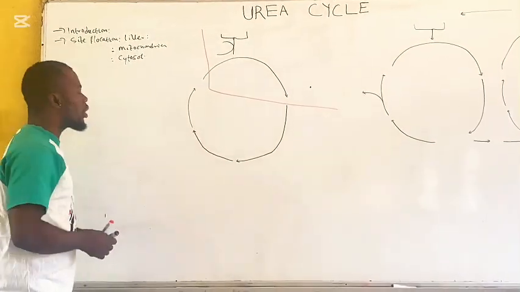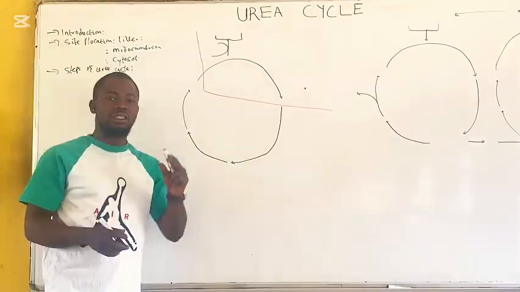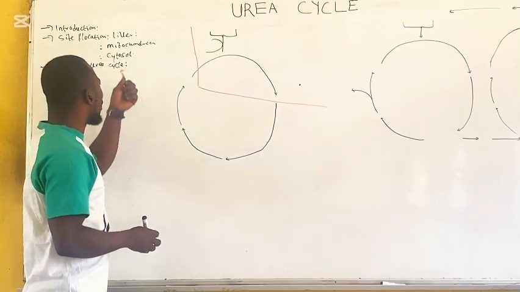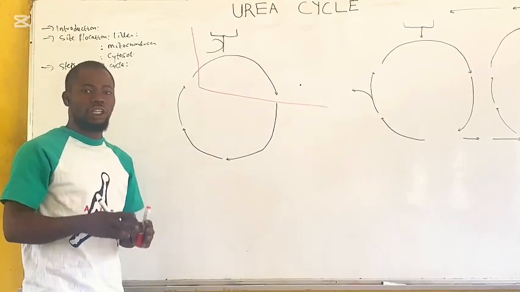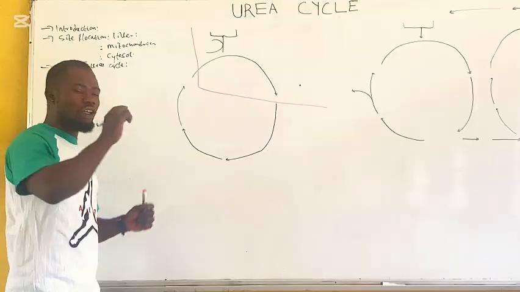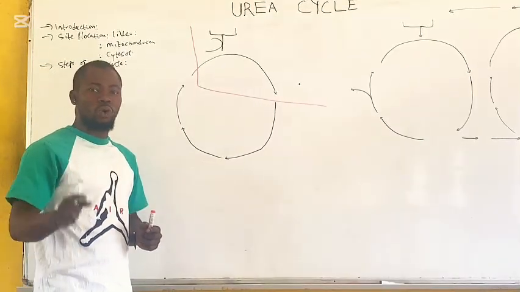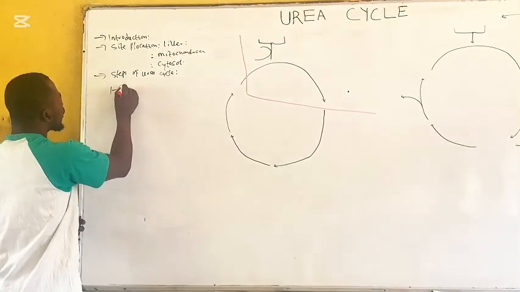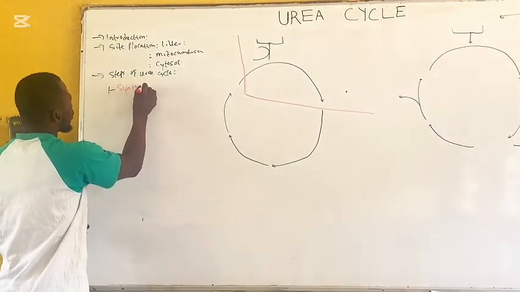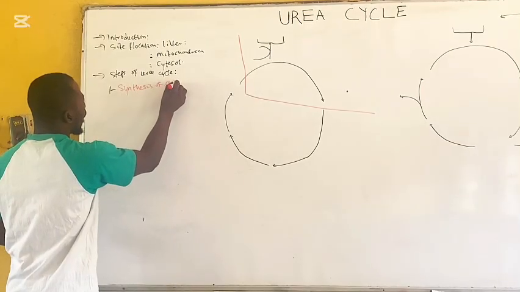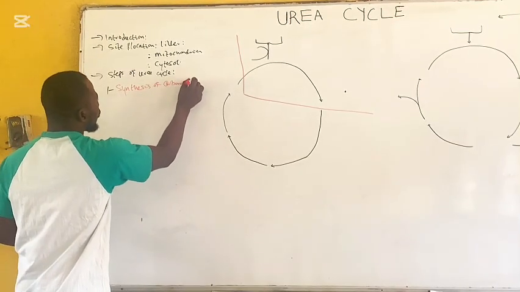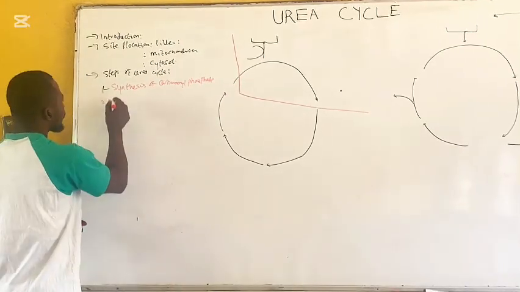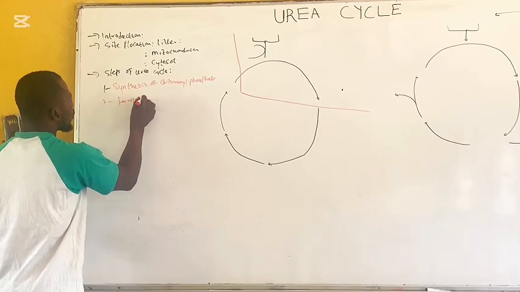Next we shall be discussing the steps of the urea cycle. It is a 5-step cycle in which the first 2 steps occur in the mitochondria and the last 3 steps occur in the cytosol. Each step has a specific enzyme that it requires. The first step is synthesis of carbamyl phosphate. The second step is formation of citrulline.